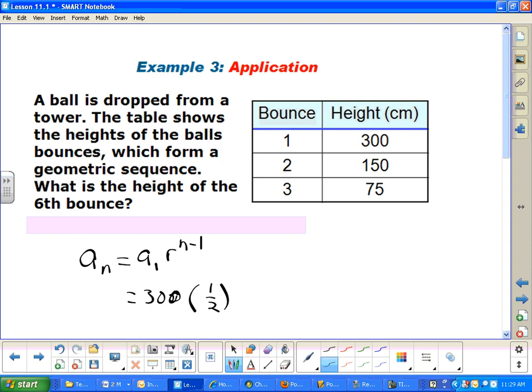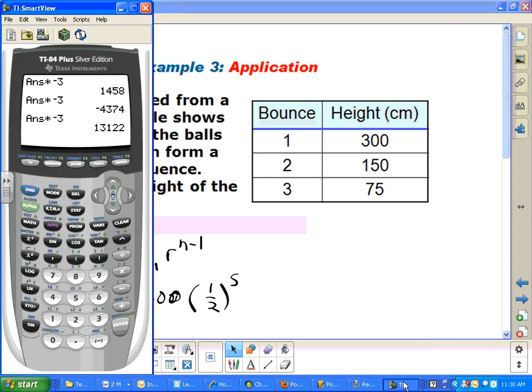And I want to find the sixth bounce, so we raise it to the fifth power, right? One less. Okay. You could do it that way, or you could just keep cutting it in half. And I would cut it in half 3 more times. So if I cut it in half 3 more times, so 75.